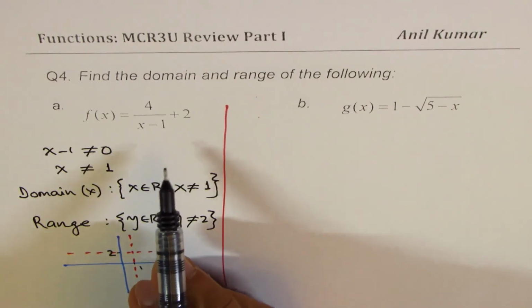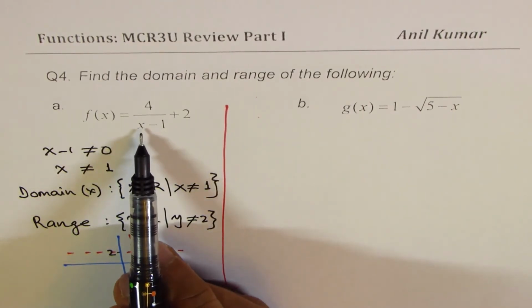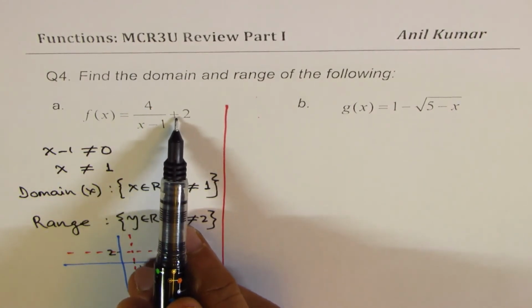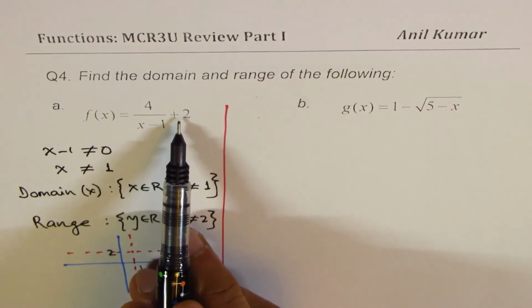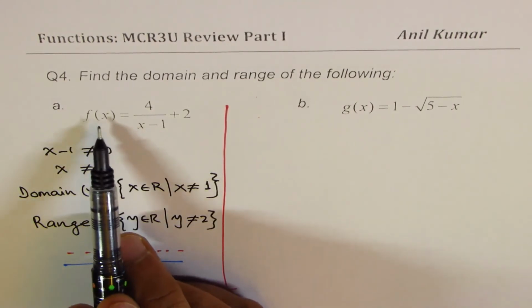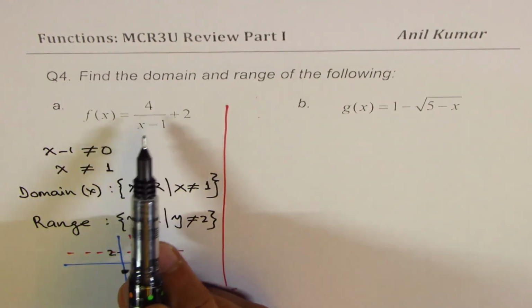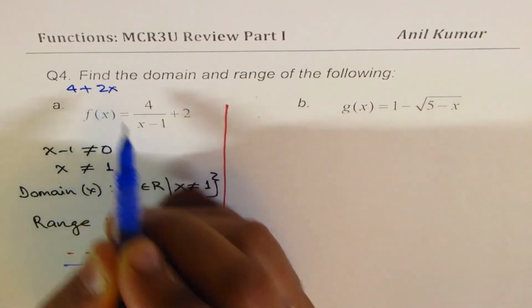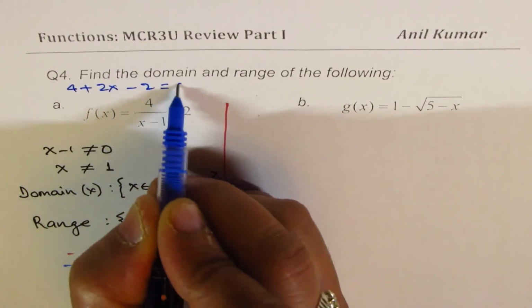Now, if I write x equals 0, I get minus 4 plus 2, which is minus 2, right? So at x equals 0, I am expecting minus 2. So there's some here. If I write y equals 0, in that case, we get 4 plus 2x minus 2 equals 0.